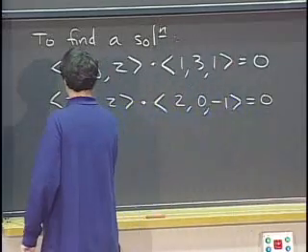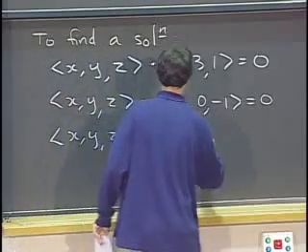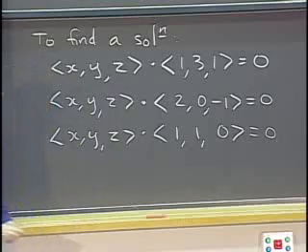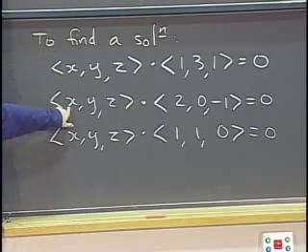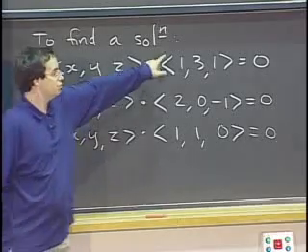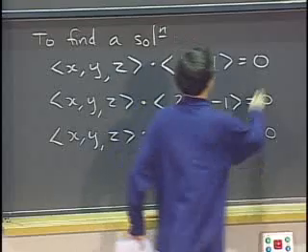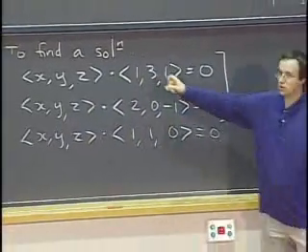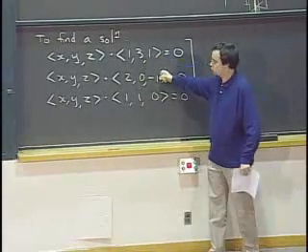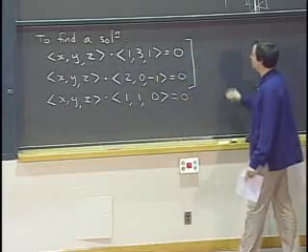And the third equation, if we really want to keep it, says we should be also having this. Now, these equations, now written like this, they're just saying we want an xyz that's perpendicular to these vectors. So let's forget this one, and let's just look at these two. They're saying we want a vector that's perpendicular to these two given vectors. How do we find that? We do the cross product, okay?